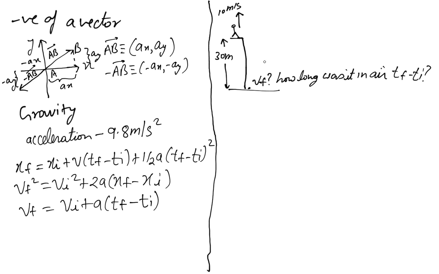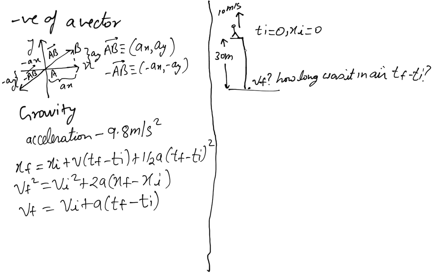Alright, and for the sake of simplicity, we can assume ti to be 0, and also we can assume xi to be 0. If we want to assume xi to be 0, we want our coordinate system to be here. Well, this is a problem of displacement, so we need to specify an axis system.